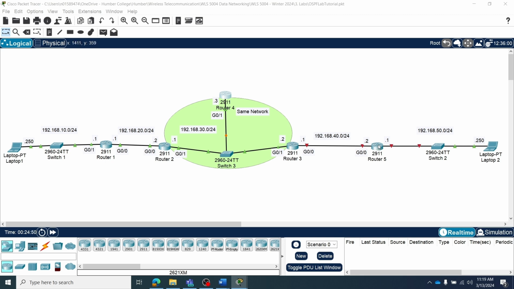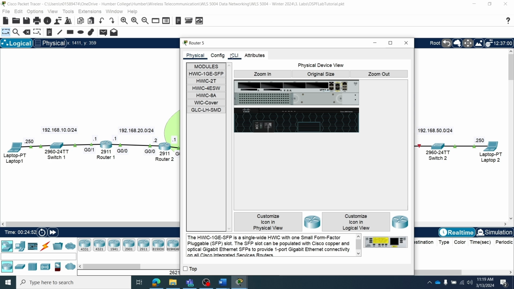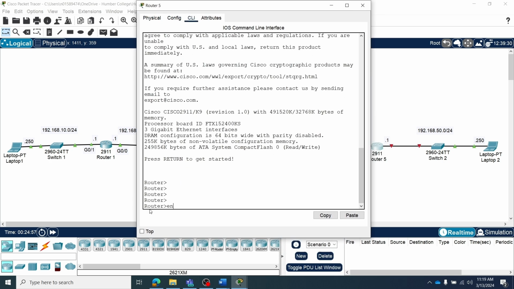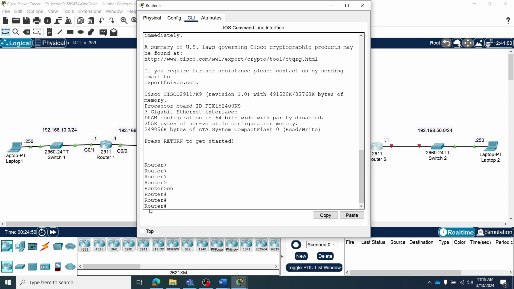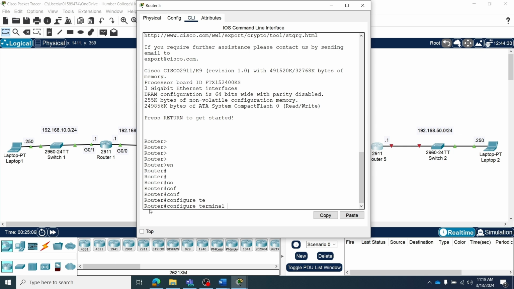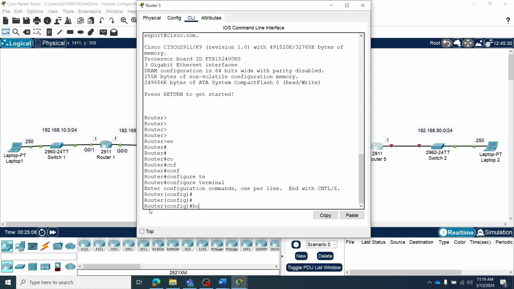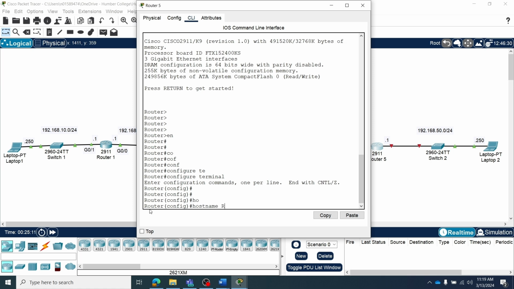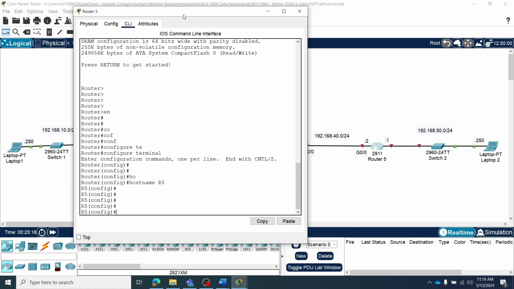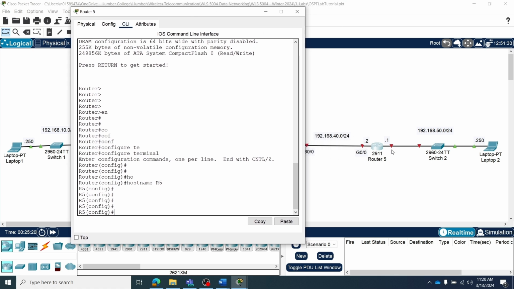Now do it for router 5. Enable. So now config terminal, hostname router 5. Then we need to configure two interfaces. One is gigabit 0 and another one is gigabit 1 on the other side.